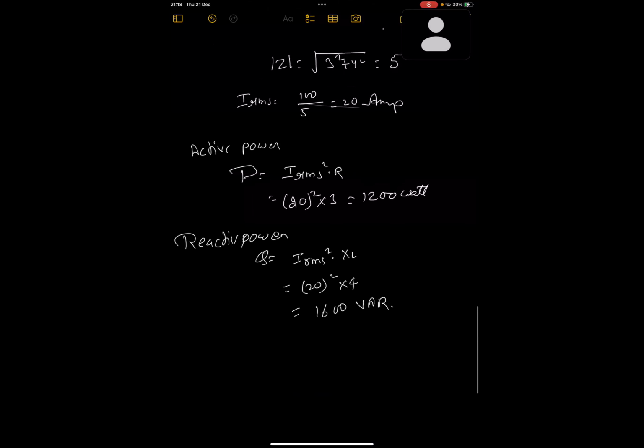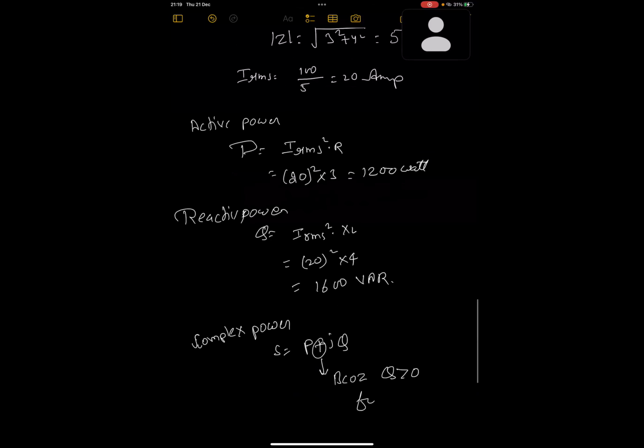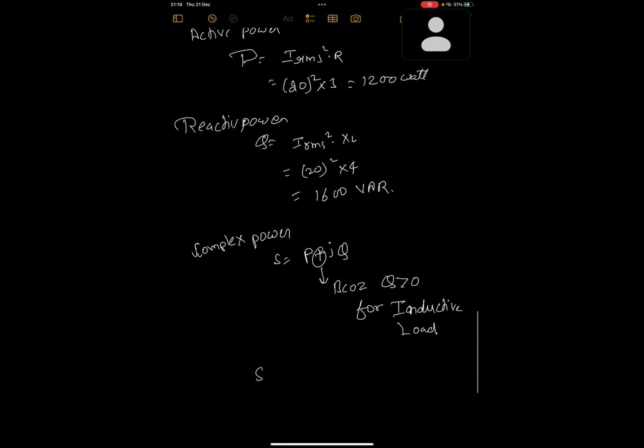If asked apparent power or complex power, S as P plus JQ. Why plus? Because Q is positive for inductive load. Okay, that's why S equal to 1200 plus J 1600 volt ampere. This is your complex power.